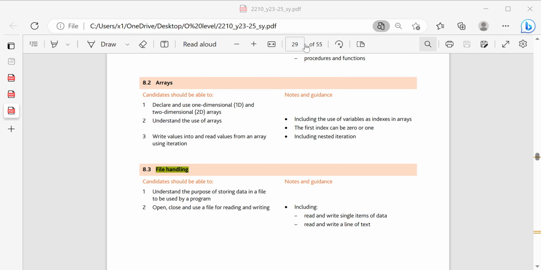Next question is: state 3 different features of a high level programming language. So students, the important thing is that you should know which topic this question is coming from. Whenever the word feature comes to mind, and we are talking about the features of a high level programming language, or the platform on which we write the high level program, it's crystal clear that this topic is from the features of an IDE.